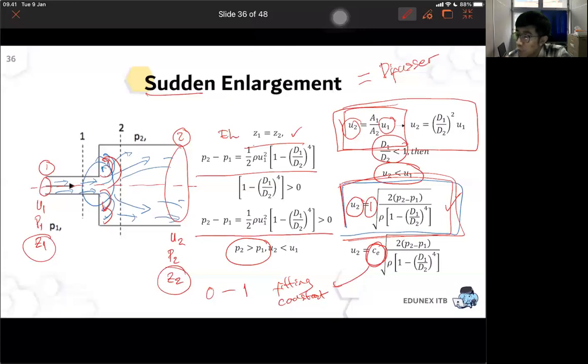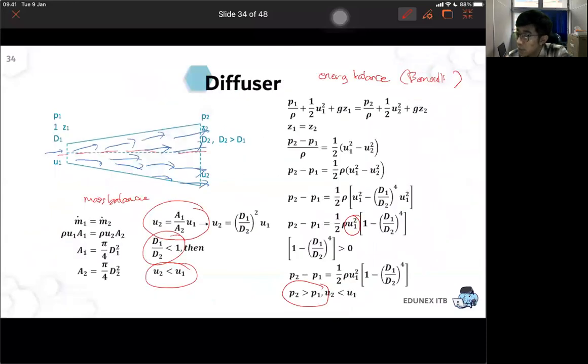Actually, you can rederive the equation. I think the full equation is here, right? So the general equation is this one, and then you can get U2 squared. From this one, you can move the parameters.